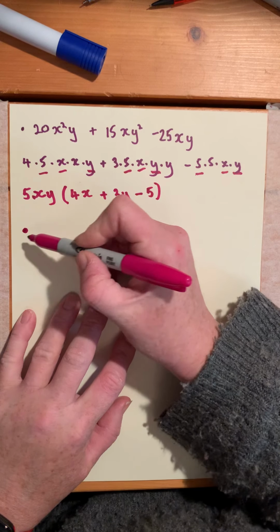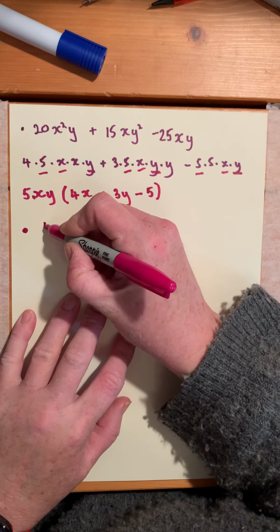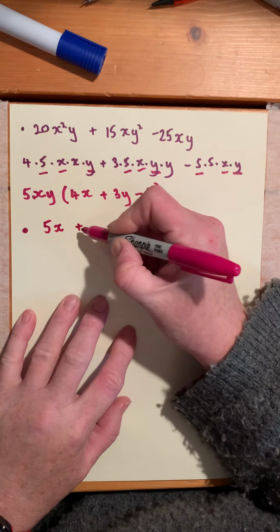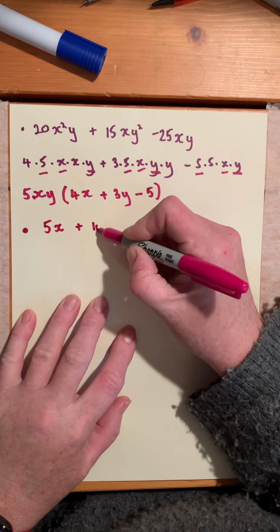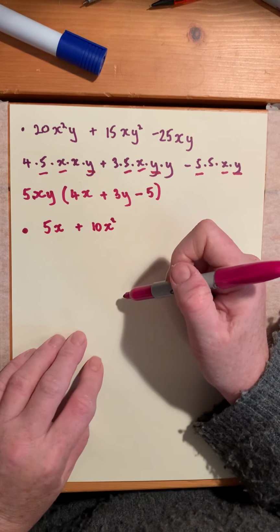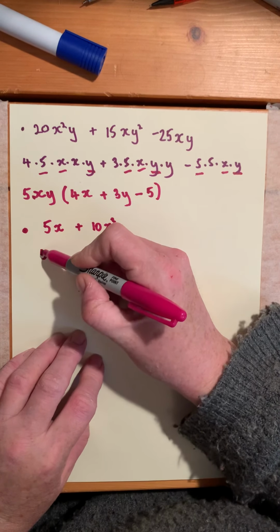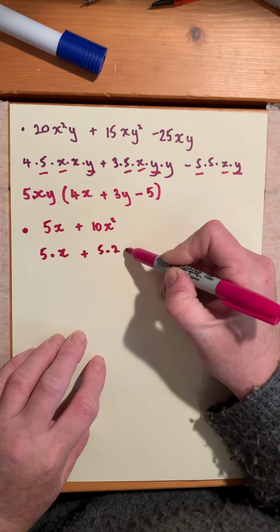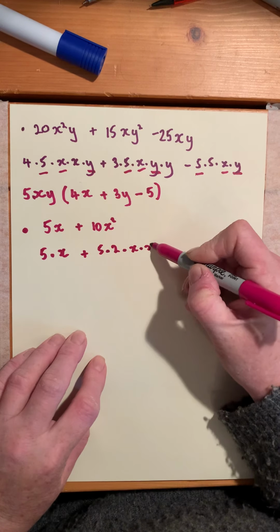One other example I would like to do is, let's look at, say, 5x plus 10x squared. Highest common factor of 5 and 10 is 5. So that becomes 5 times x plus 5 times 2 times x times x.